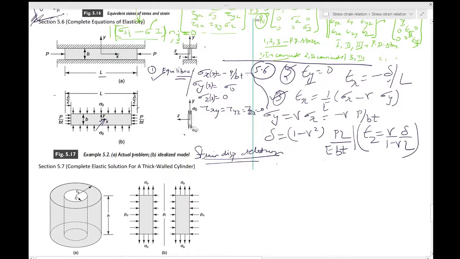Can you think of a reason why it is fine for us to assume that the origin does not move either in the x direction or z direction?